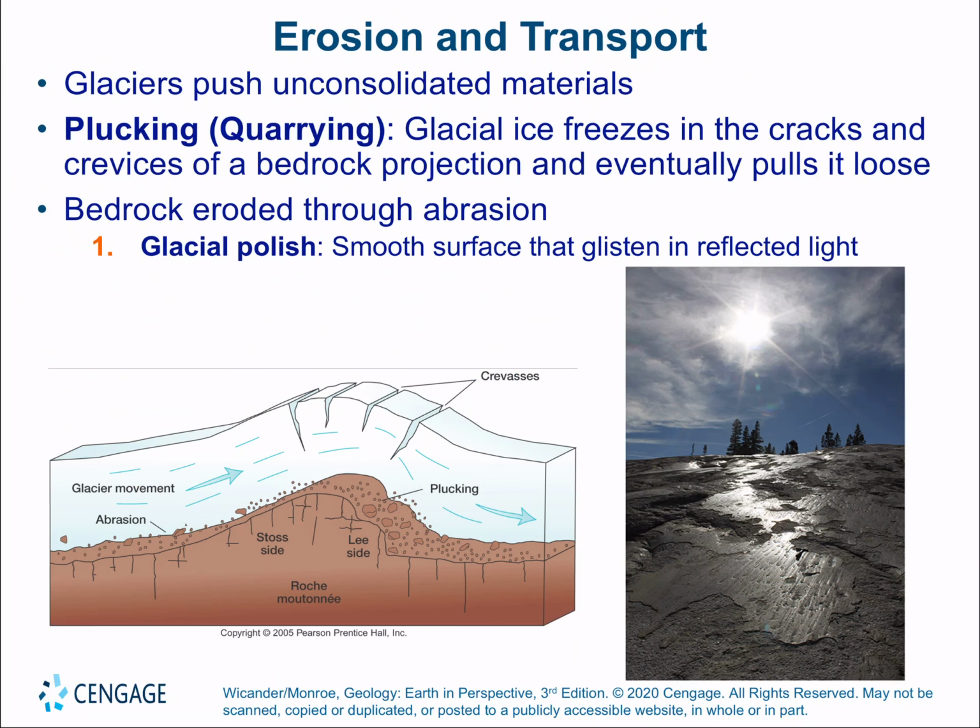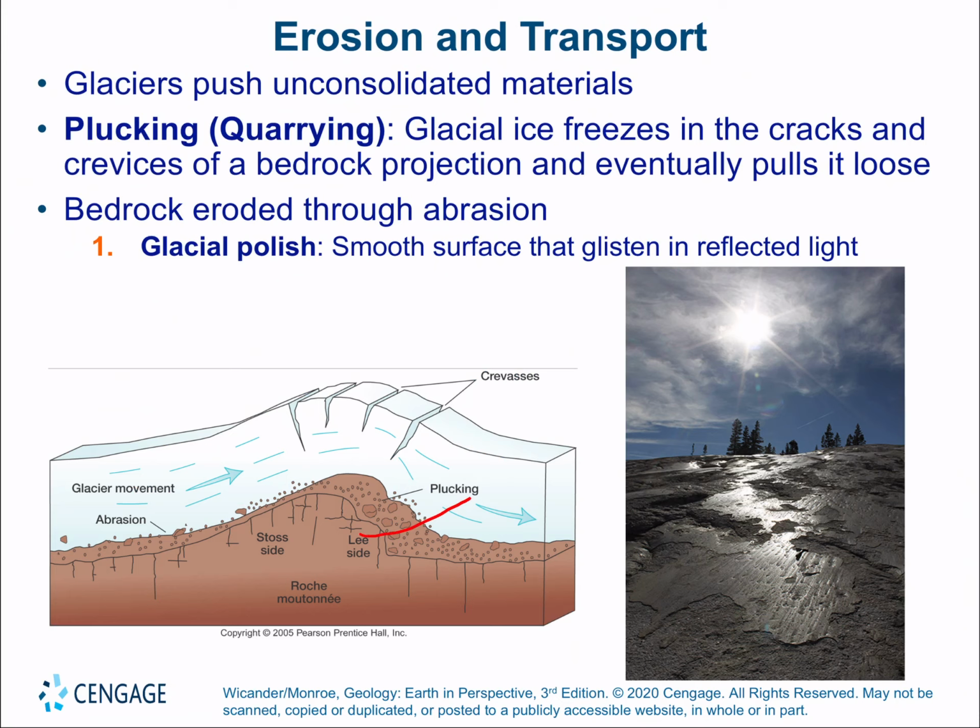Glaciers are very effective at erosion and transportation because they can carry anything that's in their path. They're very effective at moving unconsolidated material. A glacier does something that's known as plucking or quarrying, in which the ice freezes in the cracks and crevices of your bedrock, and eventually it's going to pull it loose.